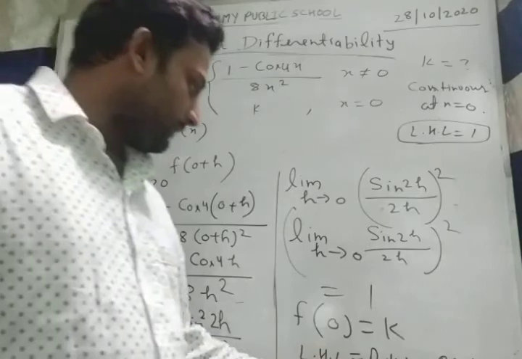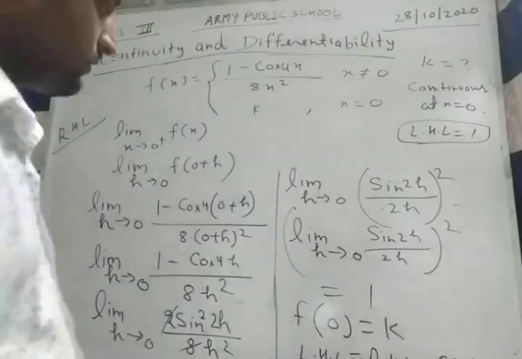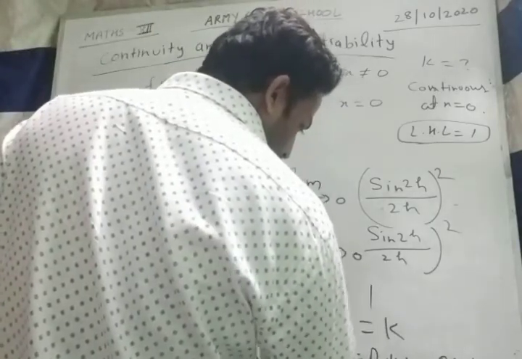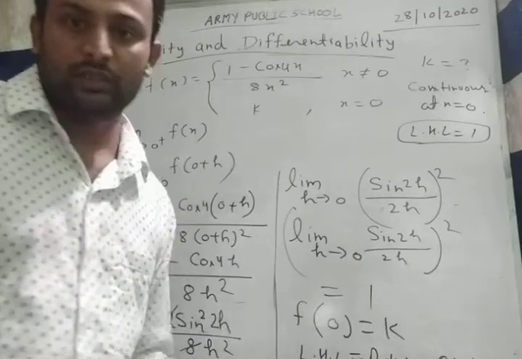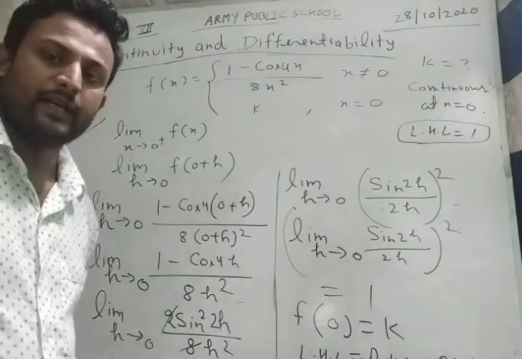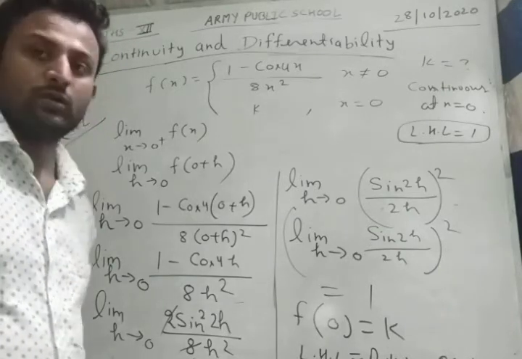So we can write left hand limit, right hand limit, and value of the function are equal. Left hand limit is 1, right hand limit is 1, and value of the function is k. So the value of k will be 1. In this way we can find the value of k, which is equal to 1.